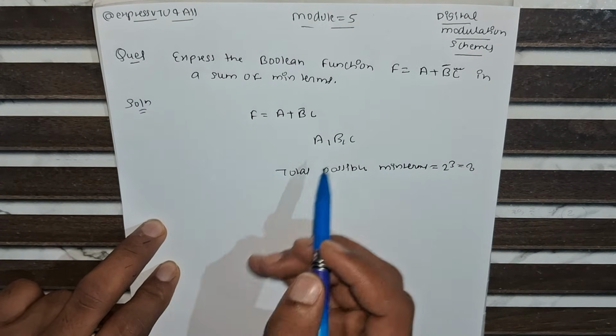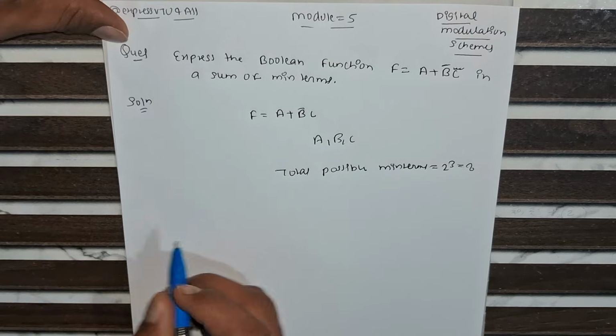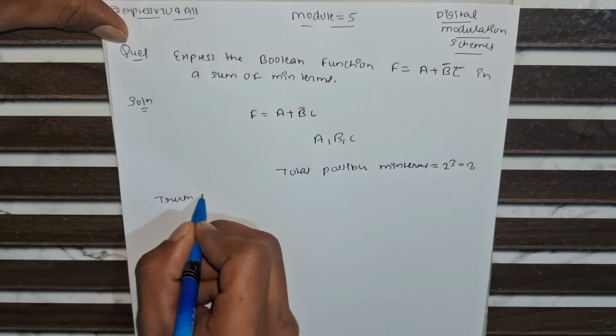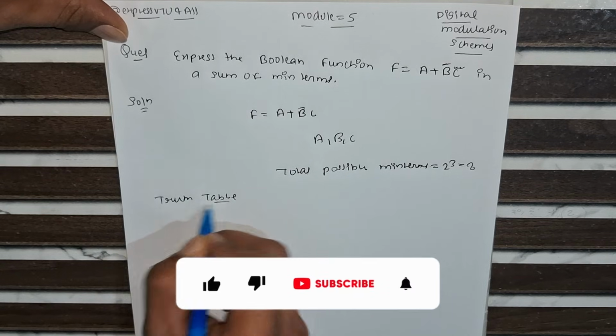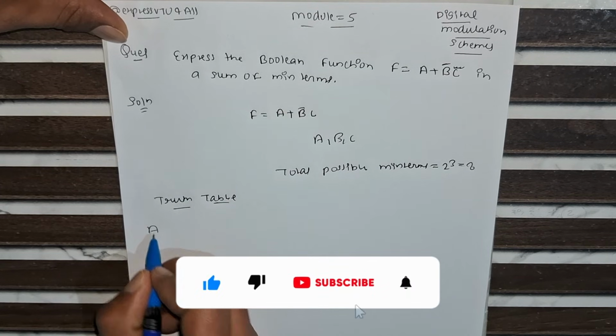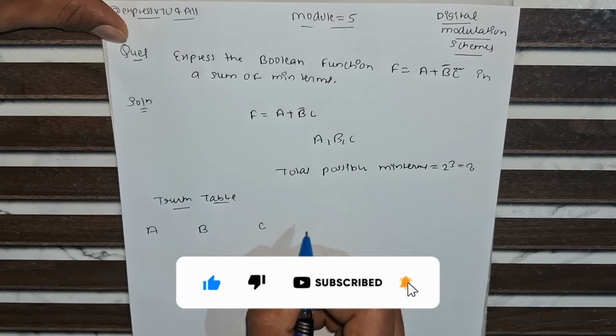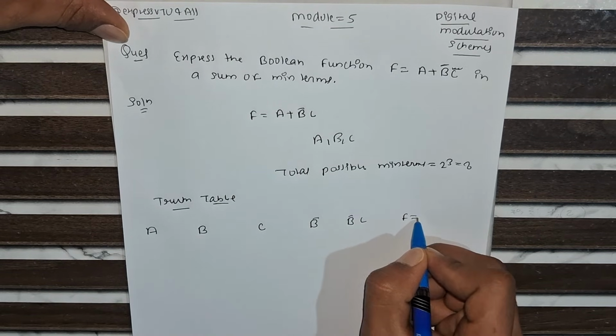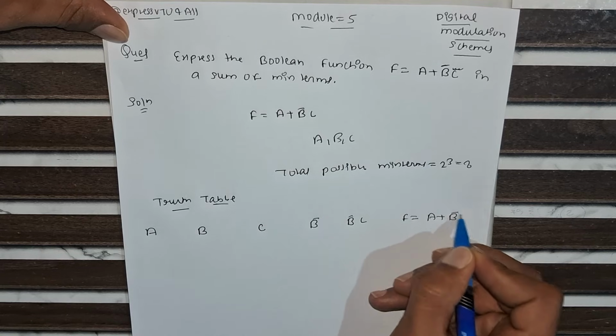Now we have to solve this question with the help of a truth table. So this is a, b, c, b bar, c, and our function f equals a plus b bar c.